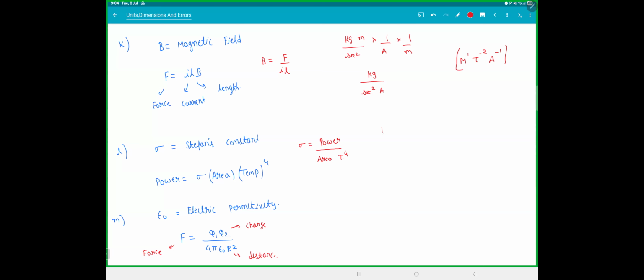So power is kg meter square by second cube. Area is meter square and this is Kelvin power 4. Meter square goes off. Kg second cube Kelvin power 4. So m power minus 1, t power minus 3, k power minus 4. Yeah, that's your Stephen's constant.